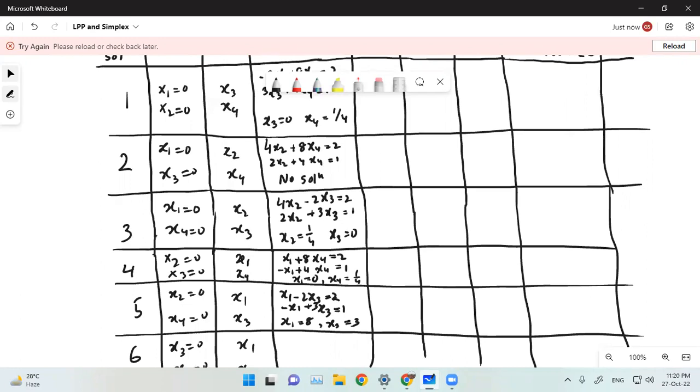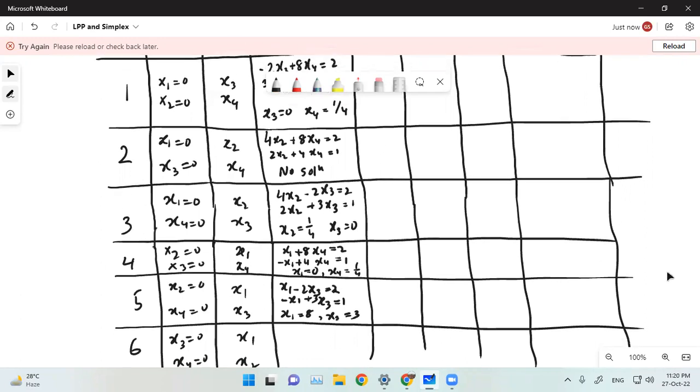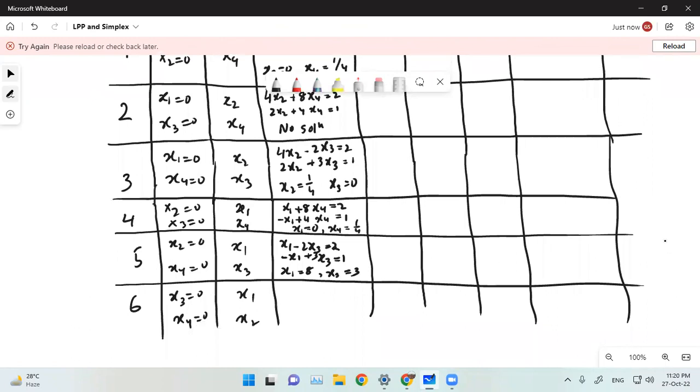Last case, basically x1 plus 4x2 equal to 2, and minus x1 plus 2x2 equal to 1. The solution will be x1 equal to 0 and x2 equal to half.